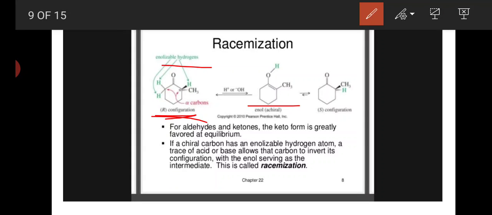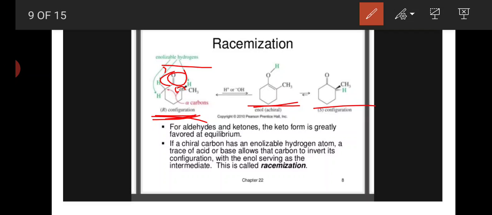Here same, this is keto functional group. Then this hydrogen shifted, the pi bond shifts and oxygen gets a negative charge, then hydrogen shifted to oxygen. This keto form is converted to enol form. Then this enol form is again converted to keto form, but here the configuration is different. First configuration is R configuration and then keto form is S configuration.